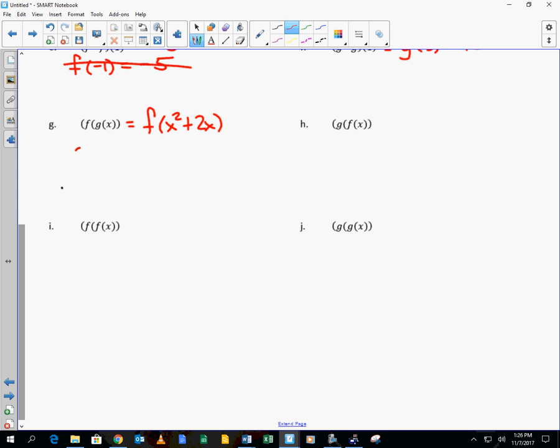Yeah, so I have 2 times x squared plus 2x minus 3. 2x squared plus 4x minus 3. Try the next one on your own.